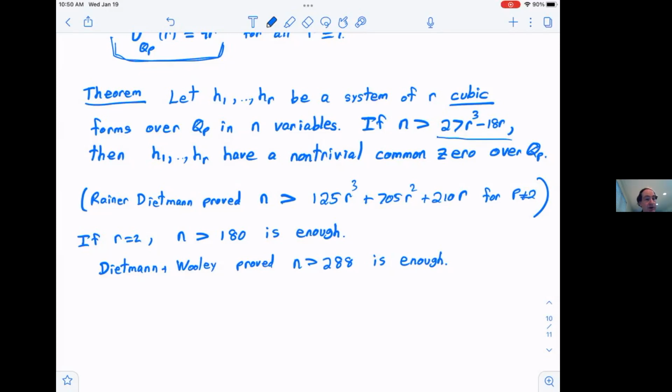You have information for quadratic and one cubic. For a system of R cubic forms, one can use the fact, if you know about solving systems of arbitrary quadratic forms and one cubic form, then there's some inductive procedure to get some results, although probably weak, for a system of R cubic forms.